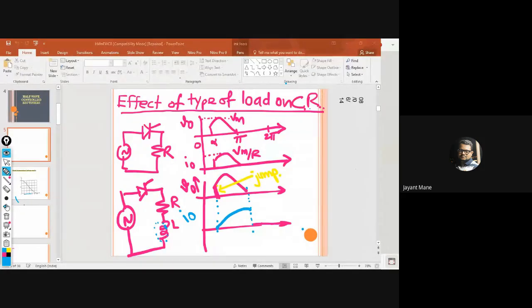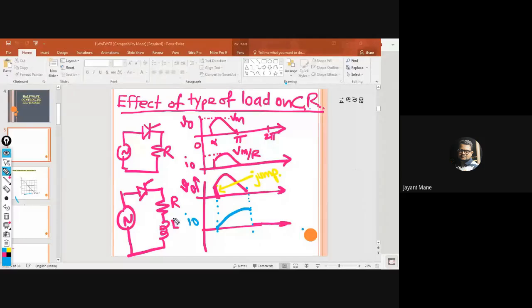So what is the effect of inductance? It is actually extending the operating time of the current. So the inductor will release energy by maintaining current in the same direction.